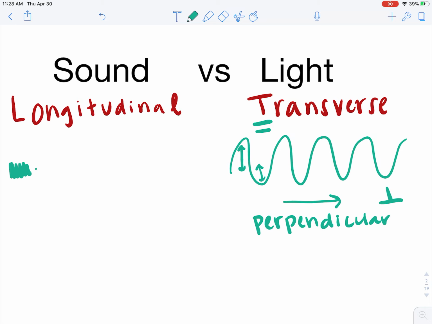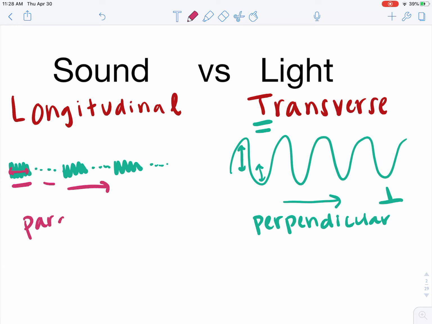Now, a longitudinal wave is much harder to draw. It kind of looks something like this. There are areas of really, really dense energy and areas of really spread out energy, called compressions and rarefactions. So it's hard to see, but the amplitude is actually in the dense parts.